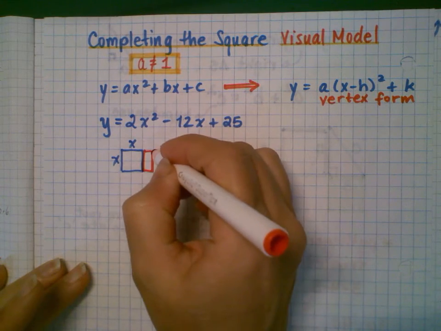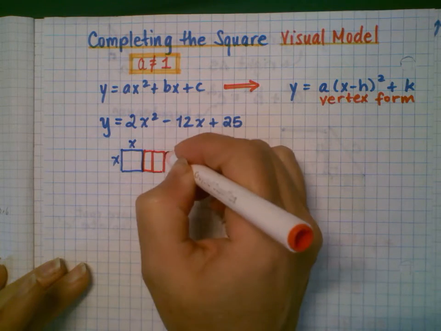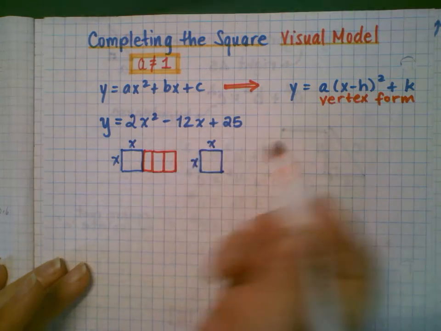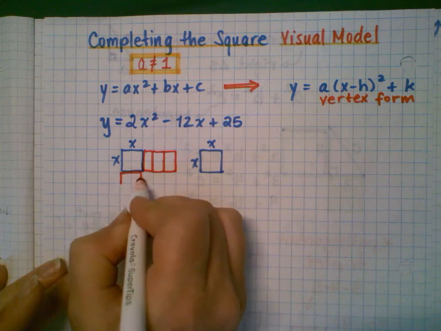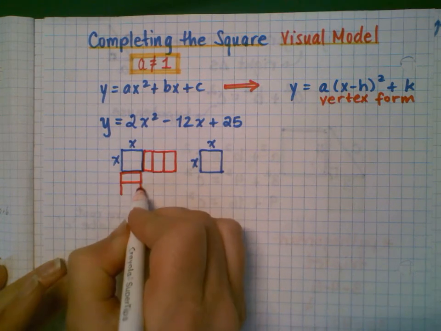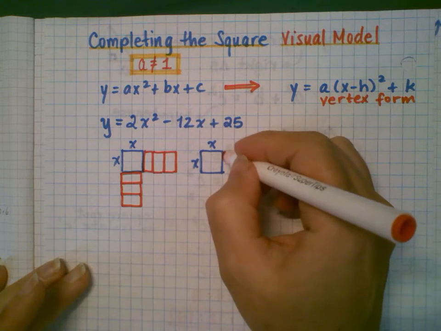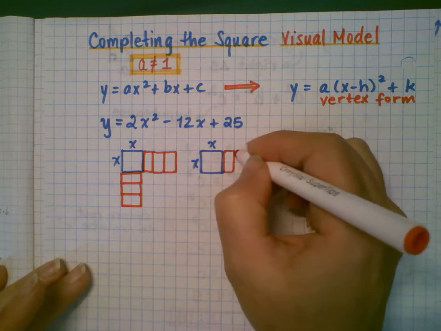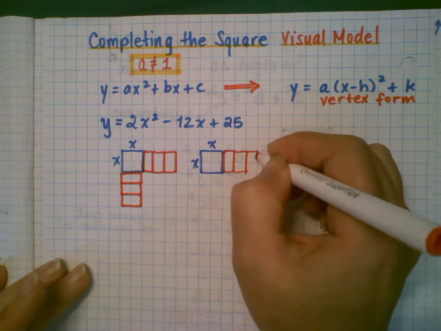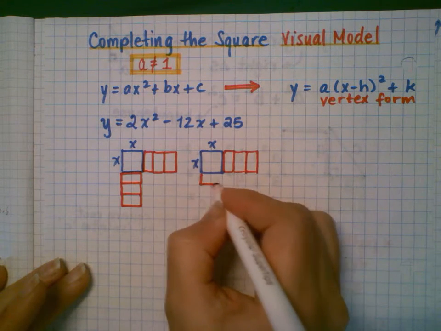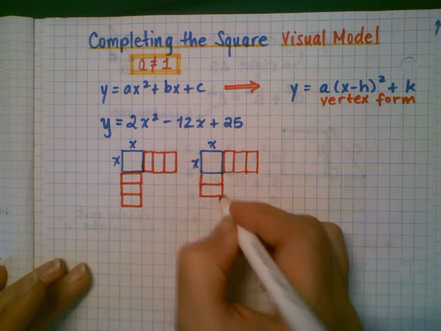One group on the right of the little square that I've drawn, so 1, 2, 3, and one group on the bottom, coming out this way. 4, 5, 6. And then the same on the second little square. 1, 2, 3, 4, 5, 6.